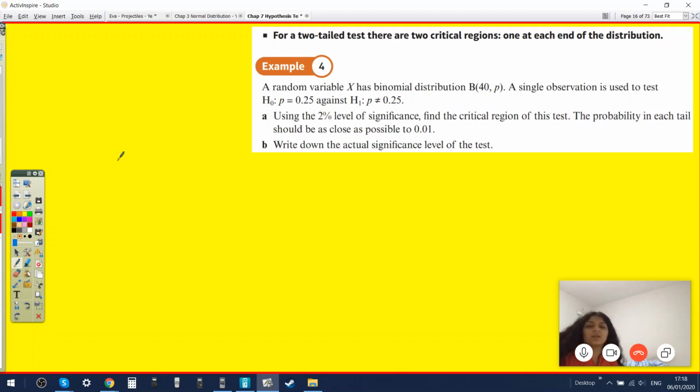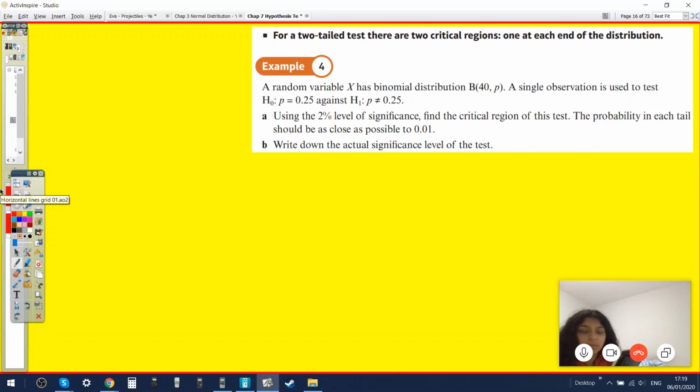This one is like you have to find the one on both ends. I don't know how to explain it, but yeah, because it's two-tailed. So it's 40, 0.25.